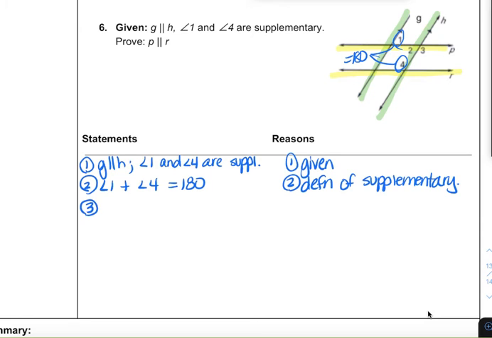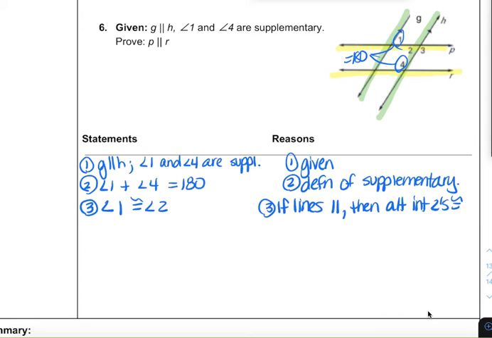So the next statement would say, angle 1 is congruent to angle 2. I know that because if the lines are parallel, which I said G is parallel to H, then alternate interior angles are congruent. That's 1 and 2.